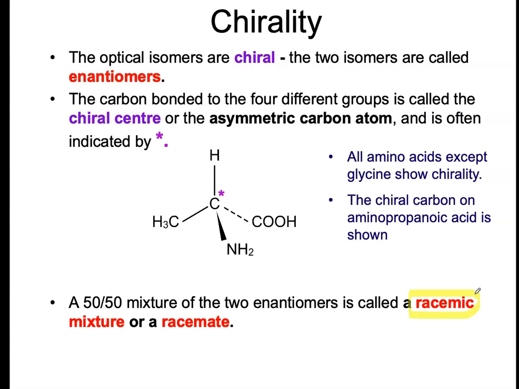In other words, it will not rotate plane polarized light, and we call this a racemic mixture or a racemate. Racemate just means the two isomers in the mixture are in a proportion of 50-50, half and half. That's just for you to know. We will revisit optical isomerism when we talk about aldehydes and ketones.